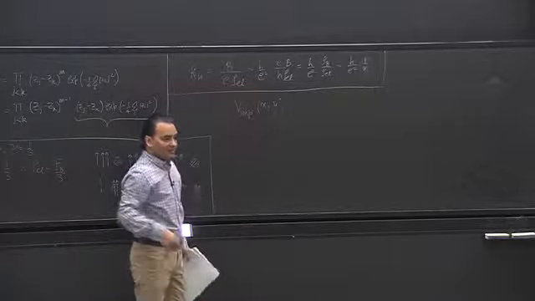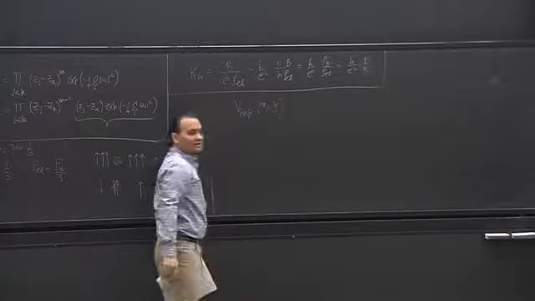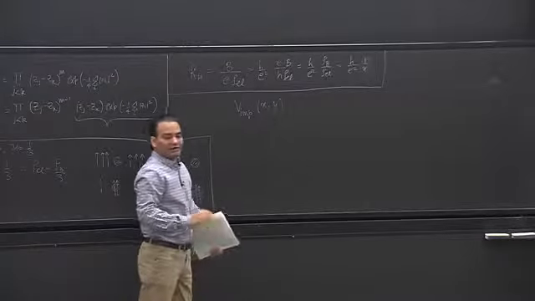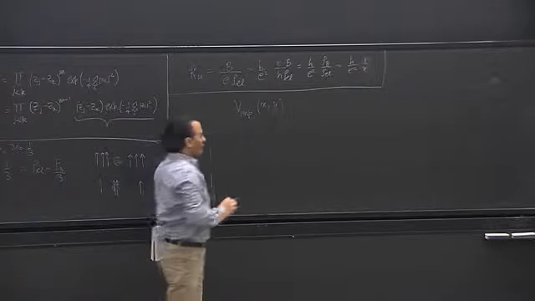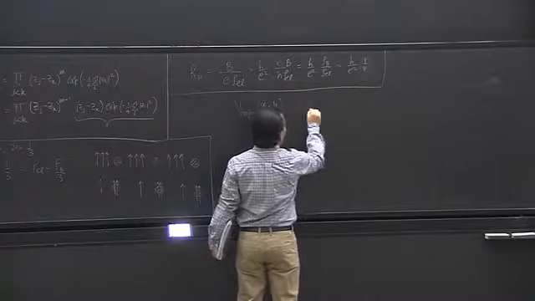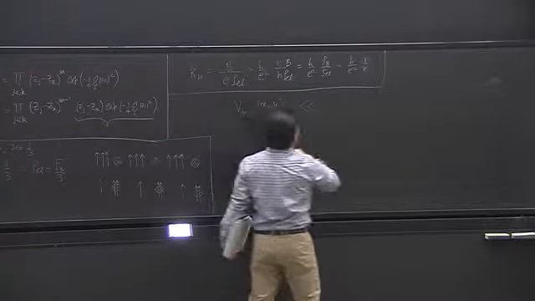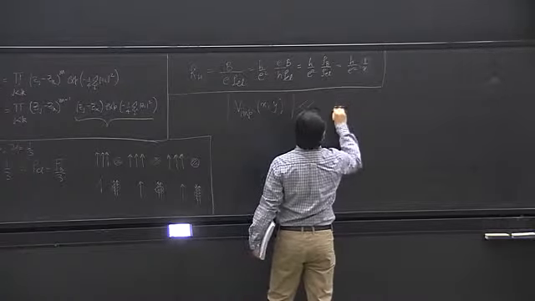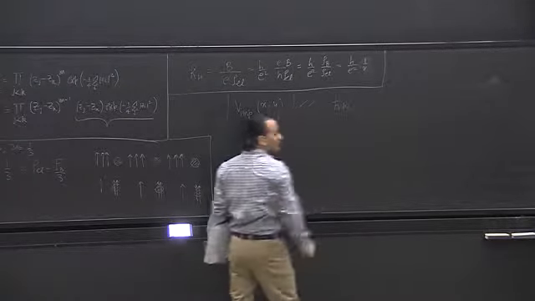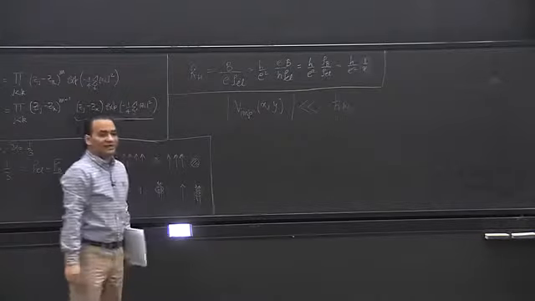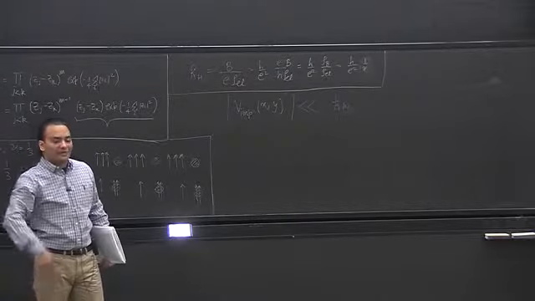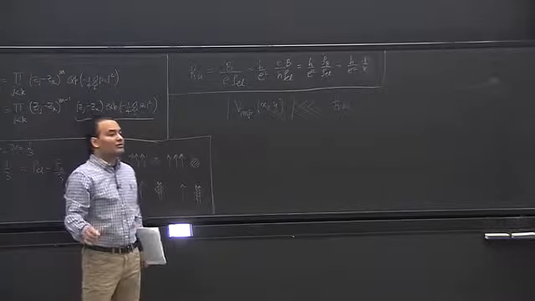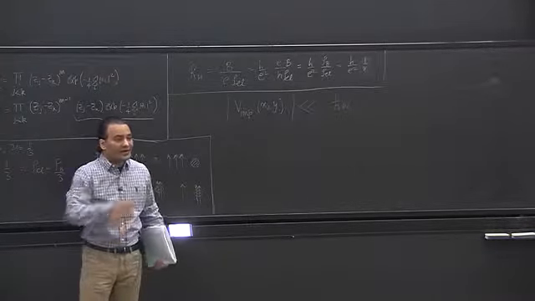They are randomly distributed. You have some electrostatic potential that is a function of x and y coming from these impurities. What we are going to assume is that the strength of this impurity potential is much smaller than h bar omega c, the cyclotron energy. So we have disorder in the system, but it's not large enough to wash out the quantum Hall effect.